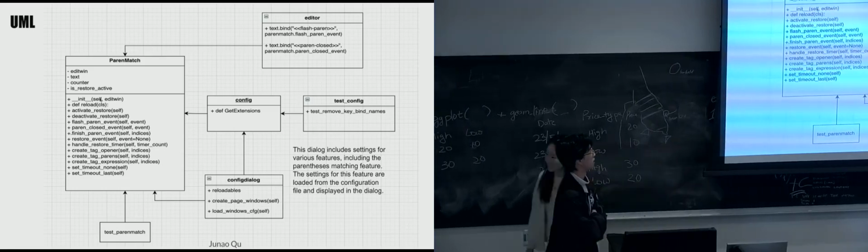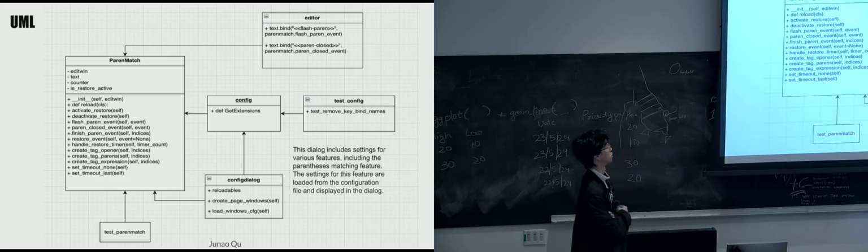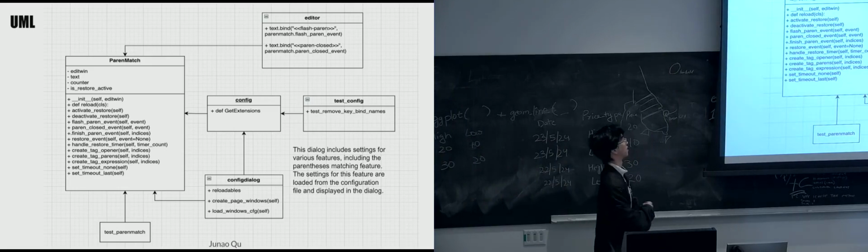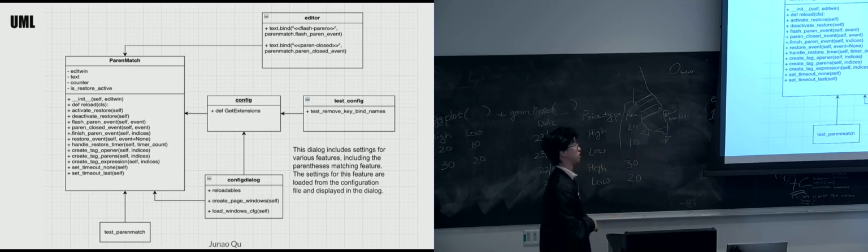For me, I just want to illustrate the UML first, like how each file is connected. Basically, like everyone did first in VS Code, we just use Command Shift F to find parenmatch, and then all the related files will show.